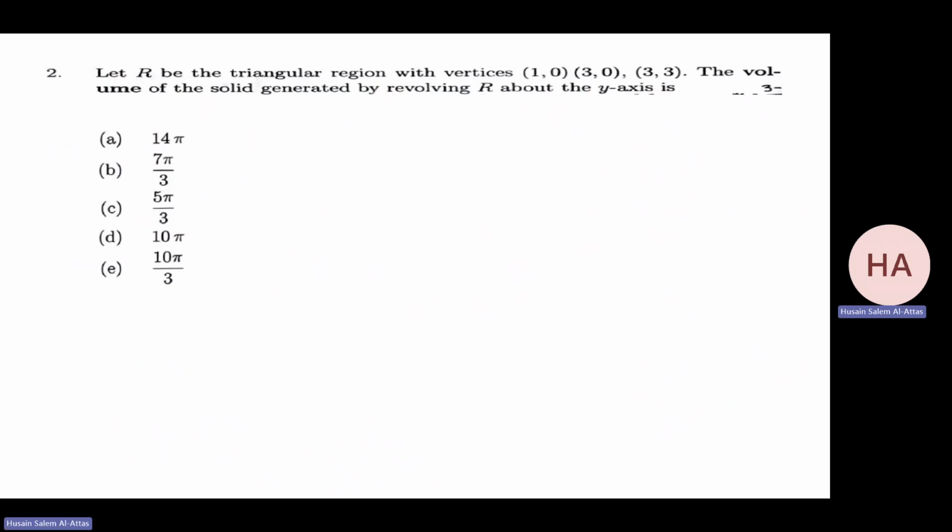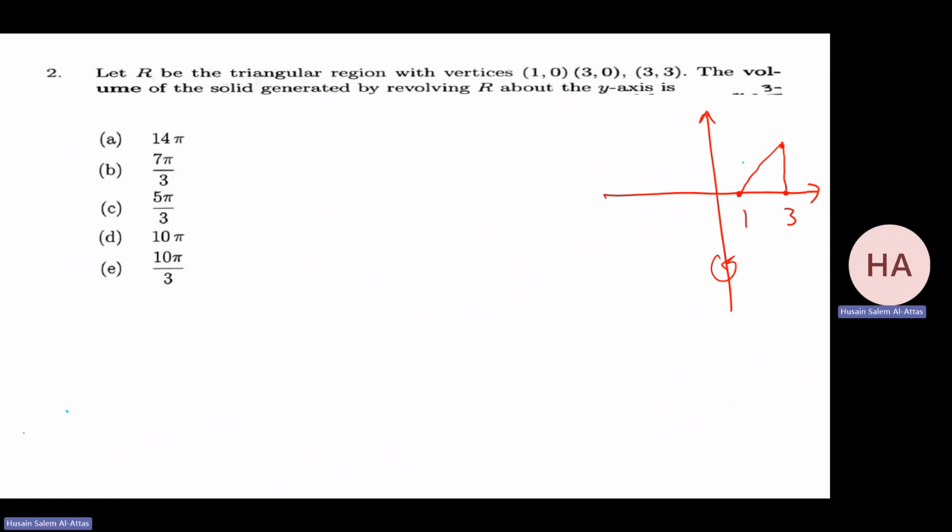Okay, this is a triangle. I need to graph the triangle. What is this? 1 and 0, 3 and 0, 3 and 3. So this is my triangle revolving about the y-axis.